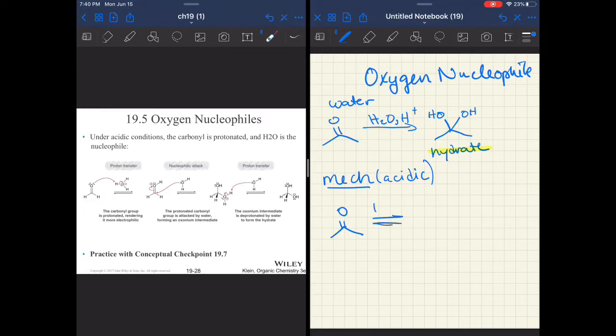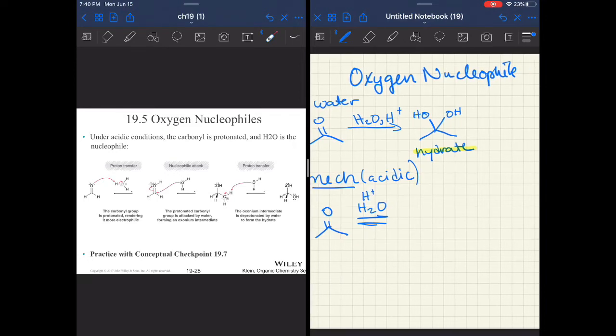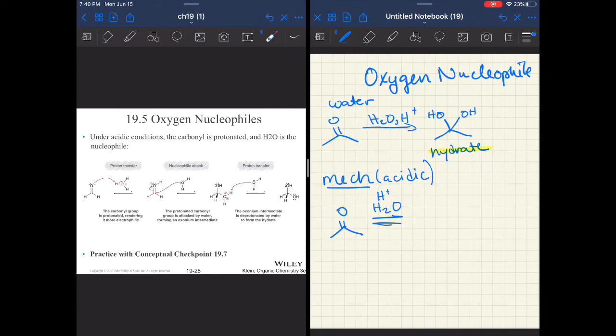Now, something that you should remember from your substitution chapter, water is a weak nucleophile. It is not strong enough to attack on its own. So the first step is going to be that protonation. We're going to make this into a better electrophile so that our weak nucleophile can attack.